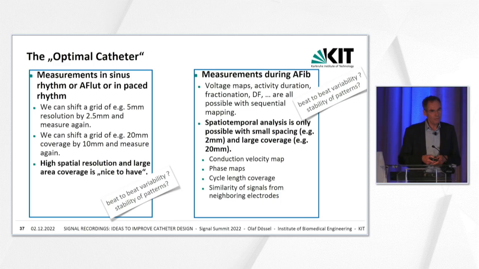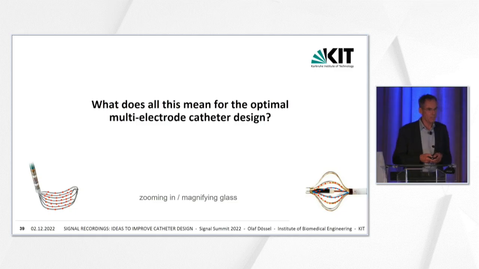But if we want to make measurements during AFib, then we can do voltage maps, activity duration, all with the systems that we have. As soon as we want to go to spatio-temporal analysis, it's only possible with small spacing and large coverage. And that refers to conduction velocity maps, phase maps, cycle length coverage, similarity of signals. There we need the real spatio-temporal coordination.